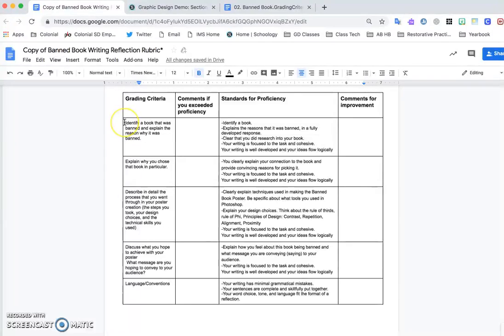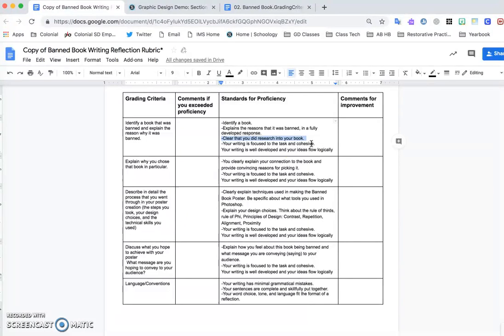Alright, let's go over this line by line so that you know exactly what I'm expecting for your writing template. First, I want you to identify a book that was banned and explain the reason why it was banned. What I'm looking for is for you to identify a book and explain the reasons that it was banned in a fully developed response, clear that you did the research into your book, so make sure that I know that you did some clear research.